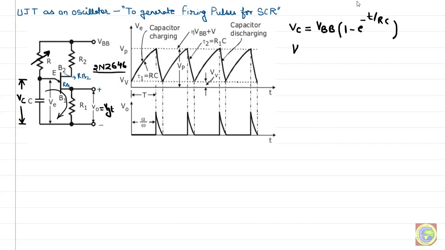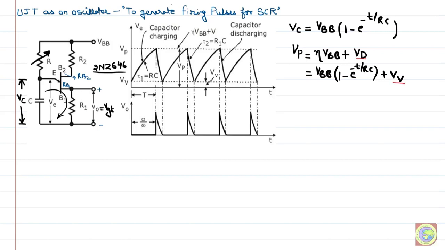Then the peak voltage; this value is also equal to VBB times (1 minus exponential minus t upon RC) plus VV. If we compare, simply we can find that VD is equivalent to VV.